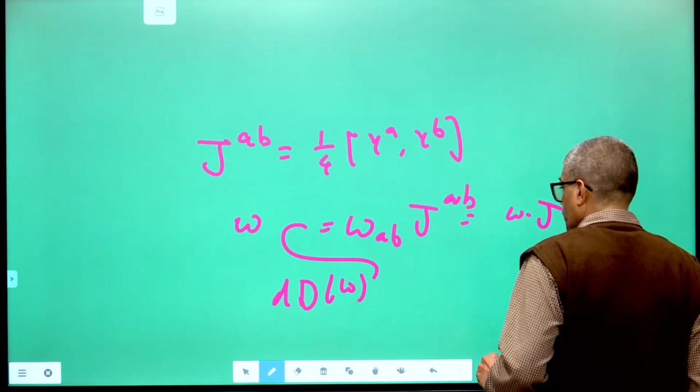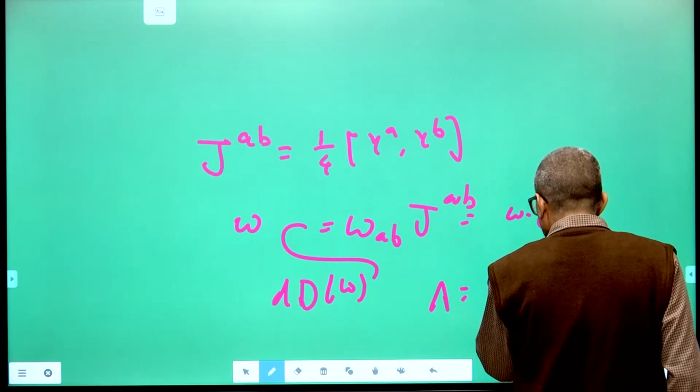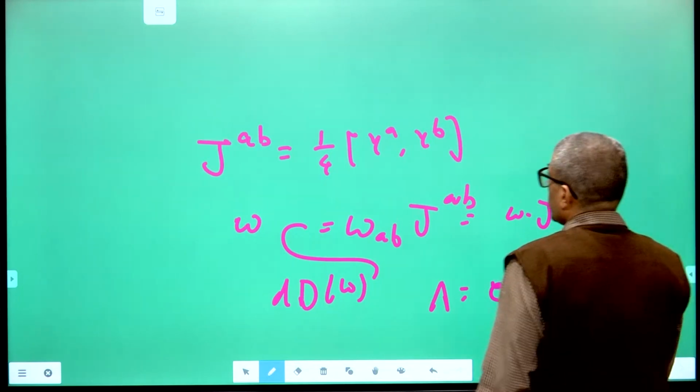So you can see that lambda is replaced by e power d omega, which is e power omega dot j, where omega is infinitesimal.